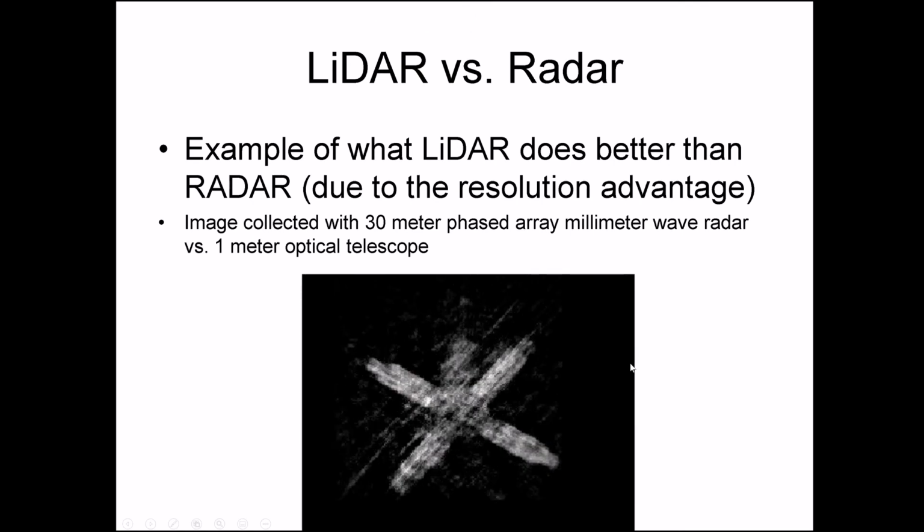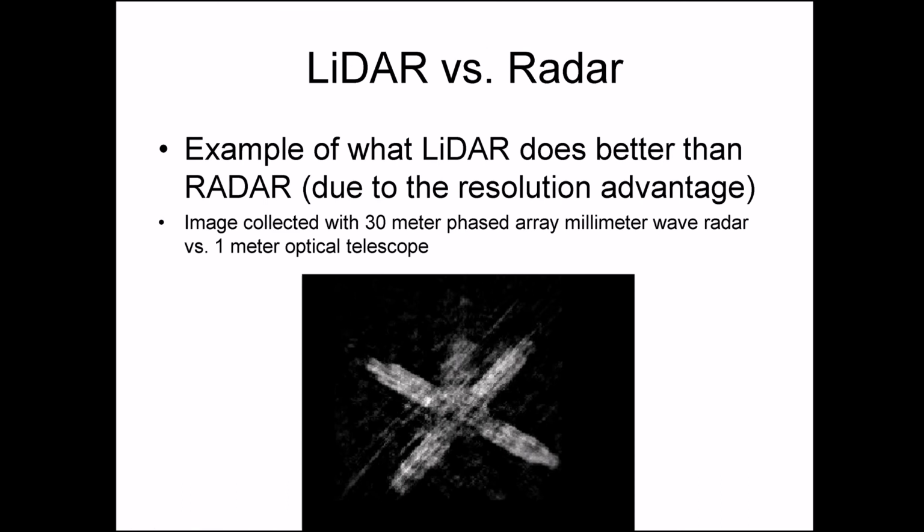Now this next image is an image of that same satellite when viewed through a 1-meter optical telescope that's performing atmospheric compensation. Atmospheric compensation wasn't necessary for the phased array radar system, because the wavelength's so long that the atmospheric turbulence doesn't really affect the imaging capability of the radar system.